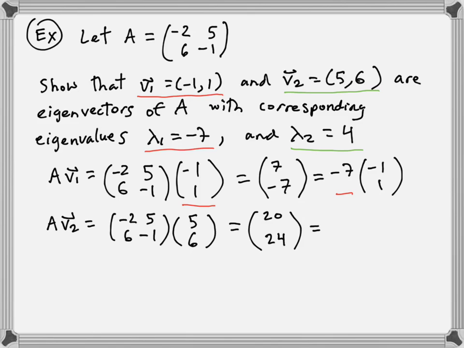So this is equal to 4 times [5, 6]. Okay. All right, so we have just showed that when you put in this vector, you get this scalar times that vector. So this means that we're done.